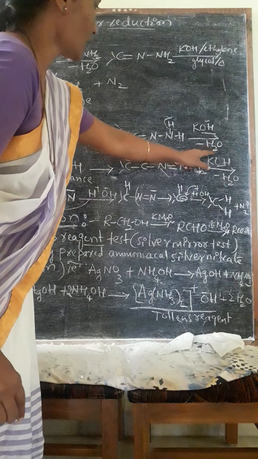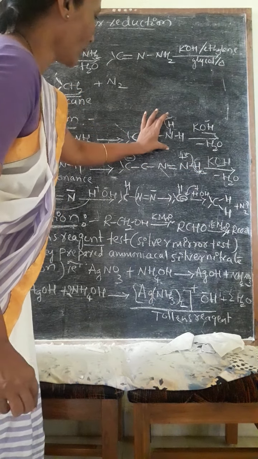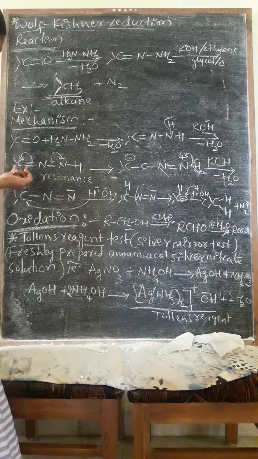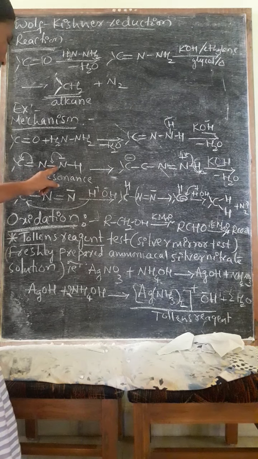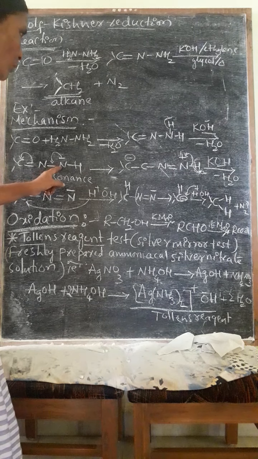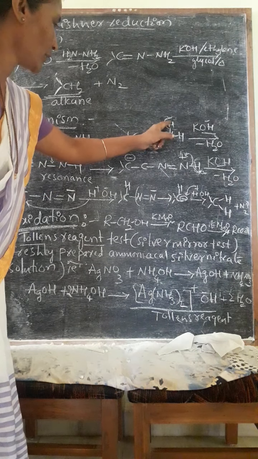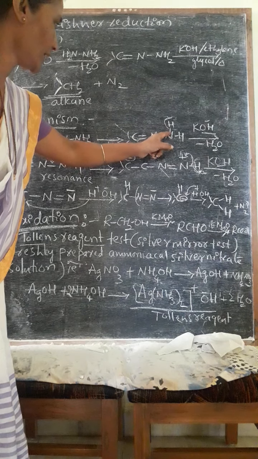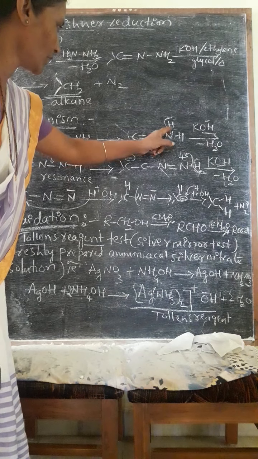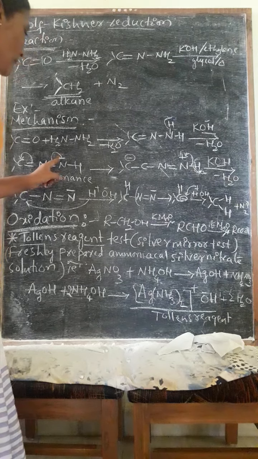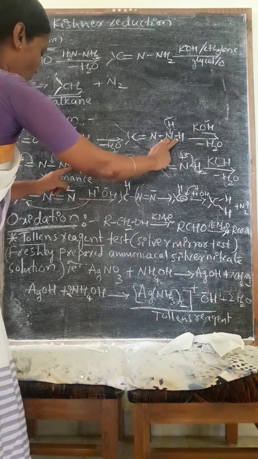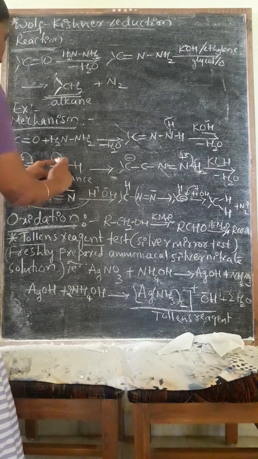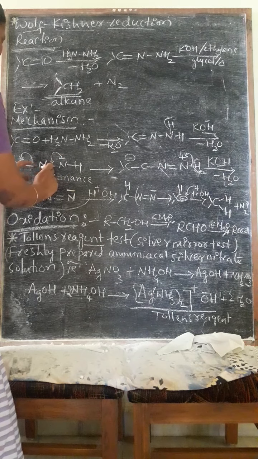Now it becomes H2O, and what remains is C=N-N minus. Why is it minus? Because the hydrogen gives one electron and the nitrogen has one bonded electron. Therefore this complete bond is minus, and the remaining is one hydrogen as it is.